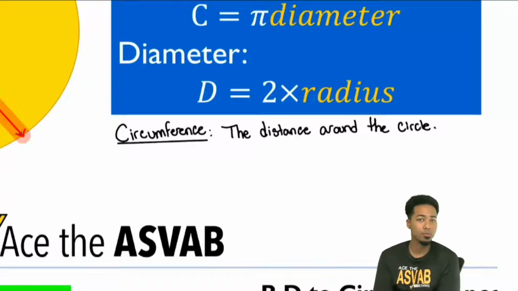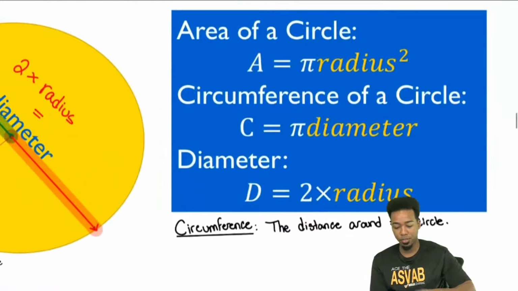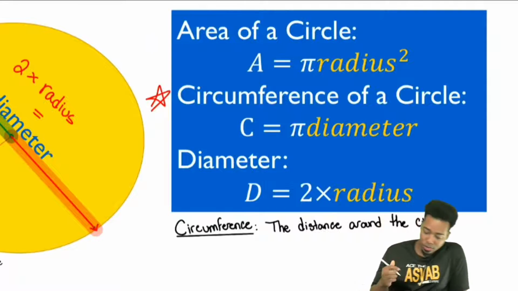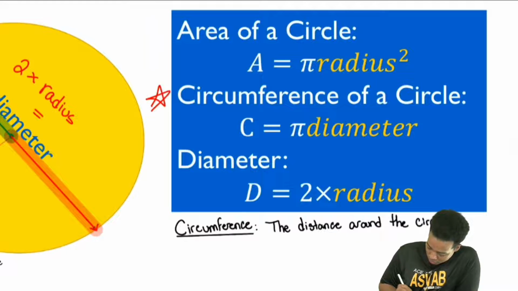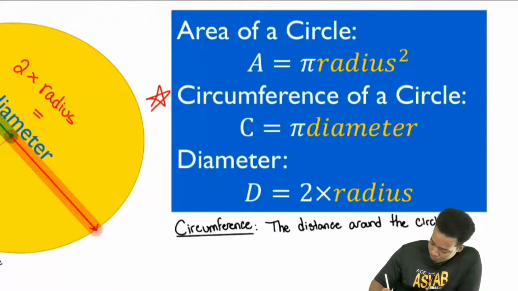And there's a formula for it, and we're going to write this down right here. The circumference of a circle, go ahead and write this down. And there's two formulas. Let me actually write down the second one for you. Right there. Circumference equals that little symbol right there. That's called pi.